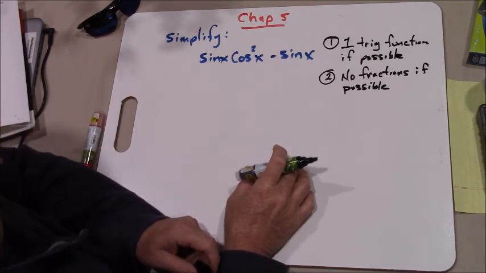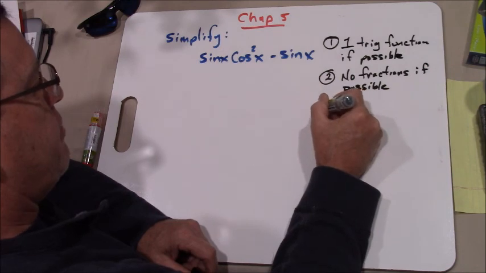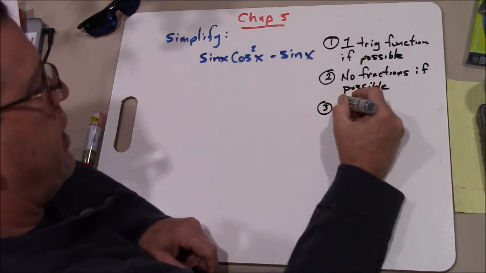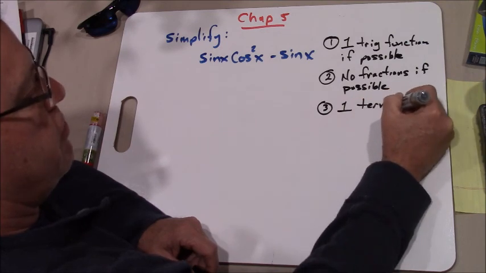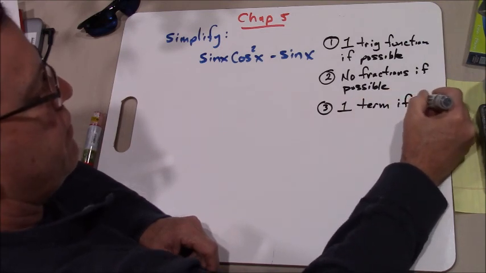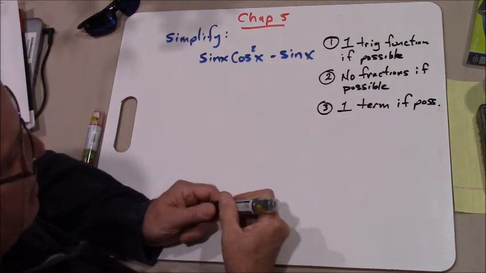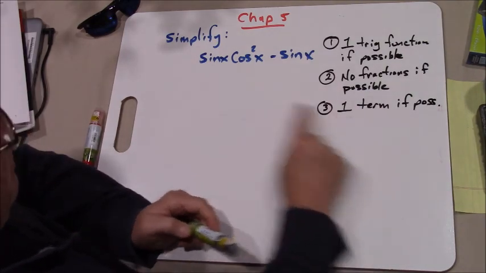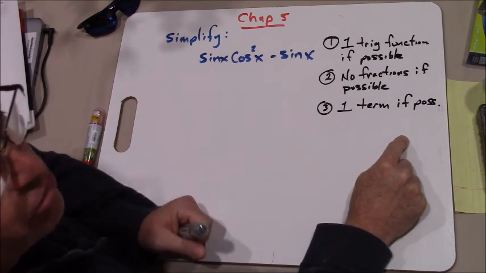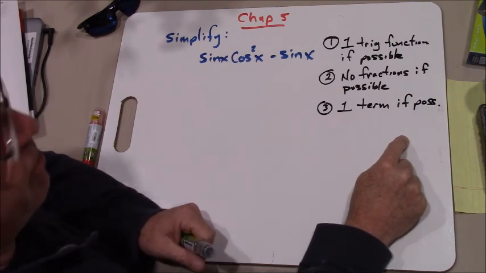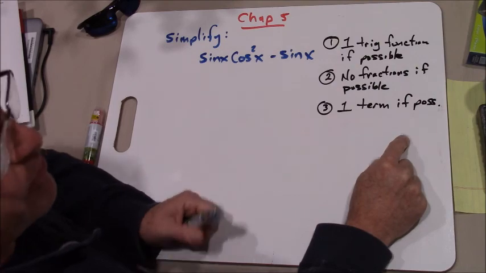Okay? And our third condition is we want to try and get down to one term if possible. So something like, let's say I simplify this and I get to sine plus cosine. Well, that's two terms. There's no way to simplify that farther, and so sometimes we just can't.